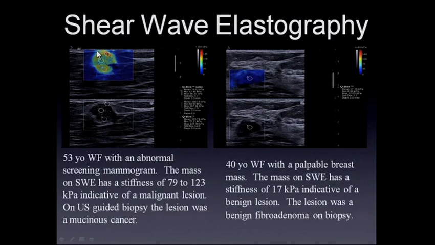This is a mucinous cancer, and here you can see that we have shear wave velocities within the cancer that range from approximately 80 kilopascals to 123 kilopascals. This is a benign fibroadenoma, and you can see that it has a measurement of approximately 17 kilopascals.